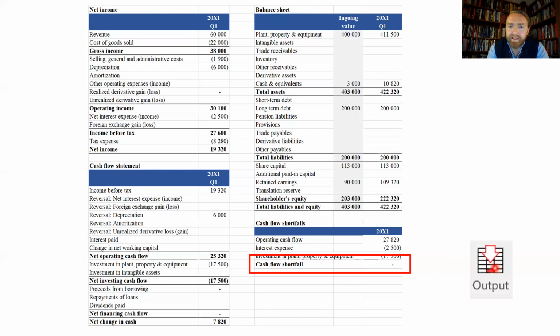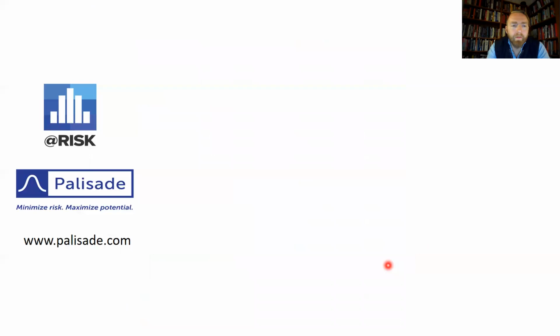But we are going to designate the cash flow shortfall calculation here as a risk output, meaning that the model will keep track of all the scenarios in which it takes on a positive value here, or actually negative with the convention in this model. So we're going to do that with the help of @RISK, which is an Excel add-on for simulating risk in spreadsheet models.